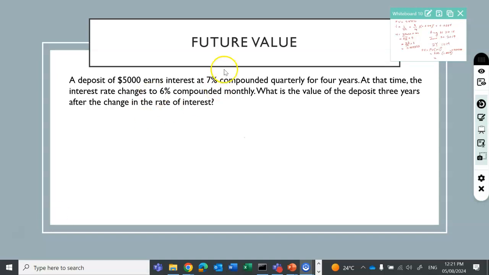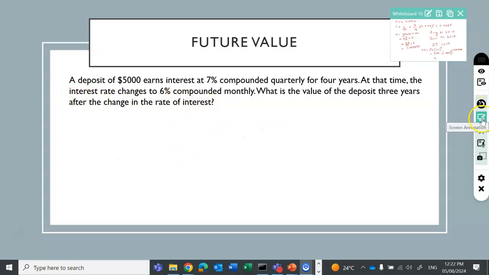Your j is 7% quarterly for 4 years, and then after 4 years, it changed to 6% compounded monthly. Then you have to find what will be the future value 3 years after the change in the rate of interest.